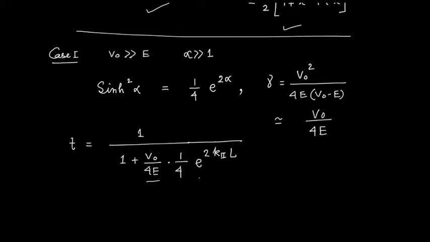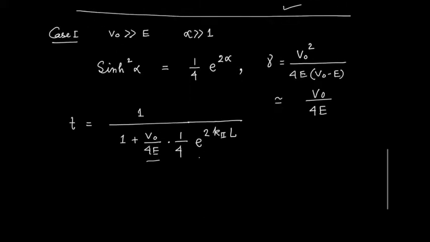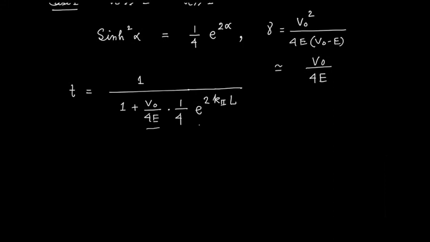So this 1 I can forget. So T in this case just becomes 16E by V0 e to the power minus 2 K2 L. Only this term survives, and I can take it to the numerator.